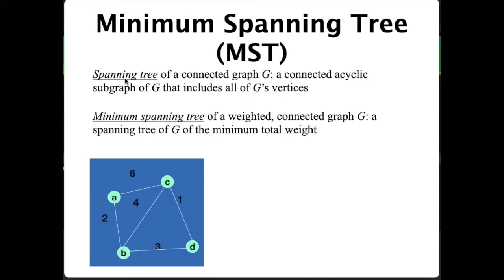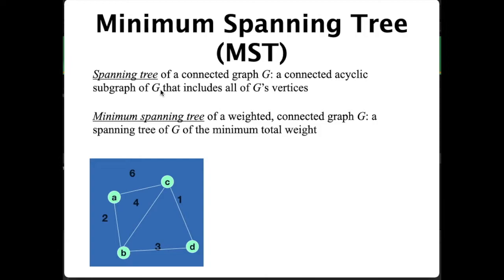So, parang you can imagine the spanning tree of G as a tree representation of G. So, andun lahat ng vertices ni G, but nagtanggal tayo ng some edges of G para maging legitimate tree si spanning tree. Okay? So, of course, there's a lot of possible spanning trees of G.